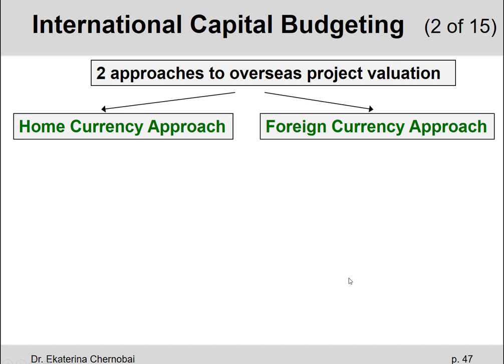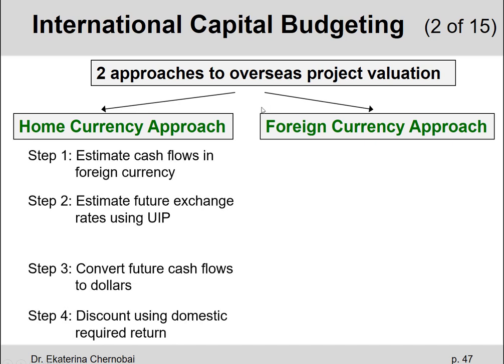There are two different ways we could solve an NPV problem like that. Two approaches to overseas project valuation: the so-called home currency approach and the so-called foreign currency approach. The home currency approach first estimates the cash flows for year 0, 1, 2, and so on in the foreign currency.